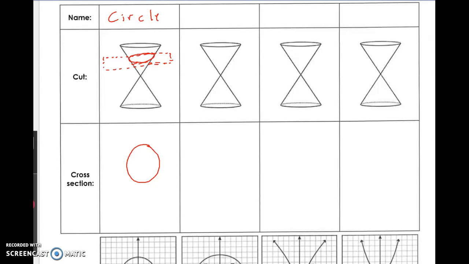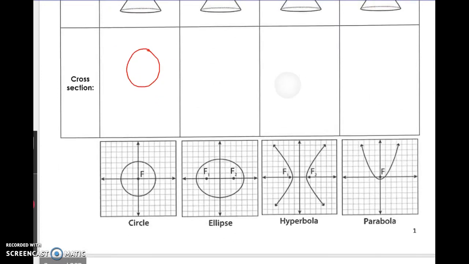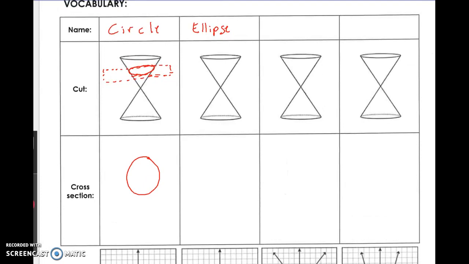The next shape we can get is called an ellipse. Not an eclipse, an ellipse. And I always think I'm going to spell ellipse wrong. Nope, there are two L's. The way you get an ellipse is you take this plane that we cut the cones with and you rotate it a little bit.